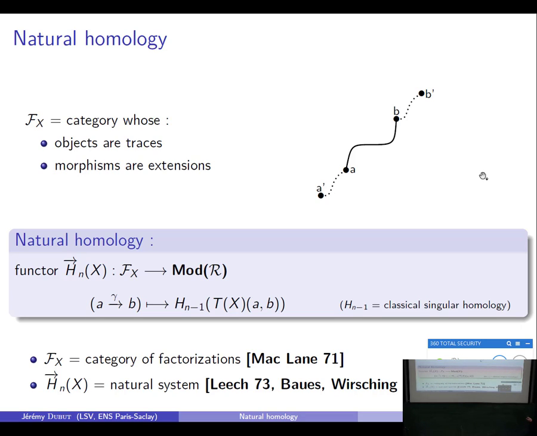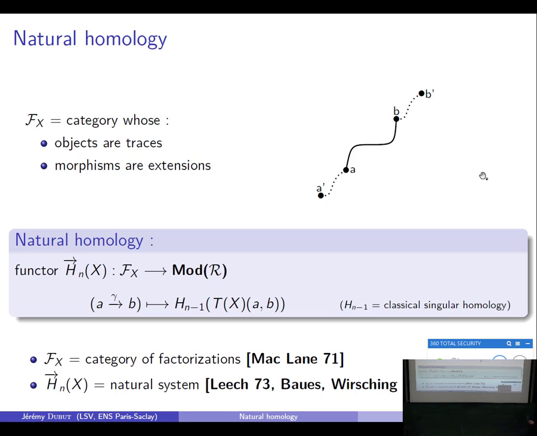The indexing category will be the following category, whose objects are traces and whose morphisms are what I call extensions. That is, pairs of traces that extend some trace in the middle. And I will define homology as a functor from this category to the category of modules, which will map every trace to the homology of the trace space between its endpoints. So there are 3 remarks that we can make on this slide.